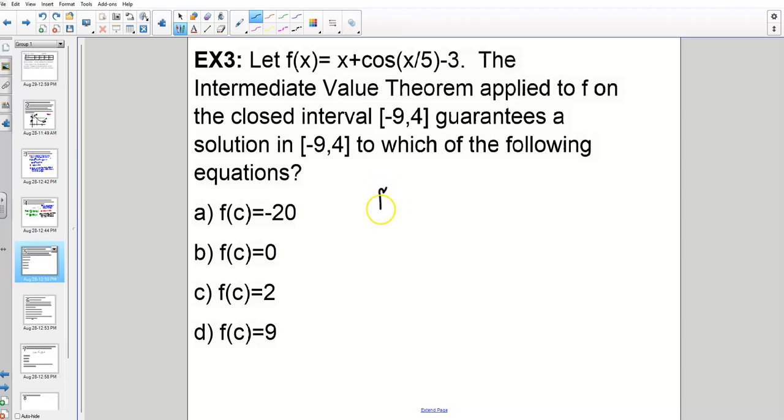Let's see if I can get an idea here. If I do f of -9, I will have -9 plus cosine of -9 over 5 minus 3.